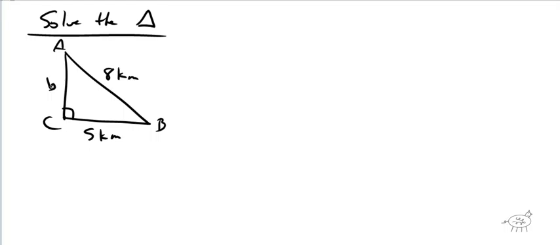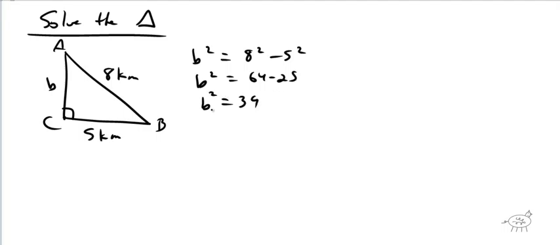You find little b by using the Pythagorean theorem. So b squared equals 8 squared minus 5 squared. So b squared equals 64 minus 25, so subtract, and b squared is equal to 39. Take the square root of both sides, and again, please don't give me plus or minus. You know better. Lengths can only be positive. So you get 6.24 kilometers, km.